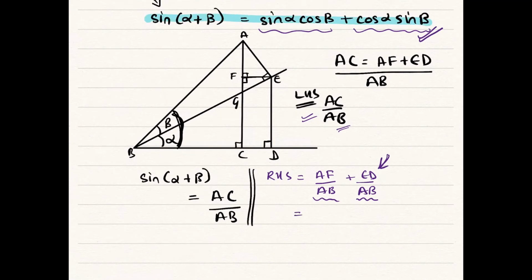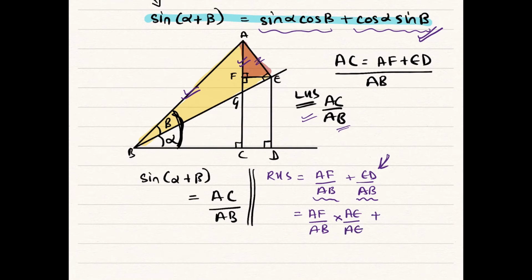Let's look at the first side, AF by AB. AF is this and AB is this side, and so we are concerned about this right triangle AEB and another right triangle AFE, and they have a common side AE. So I will be multiplying this first side by AE and dividing it by AE.